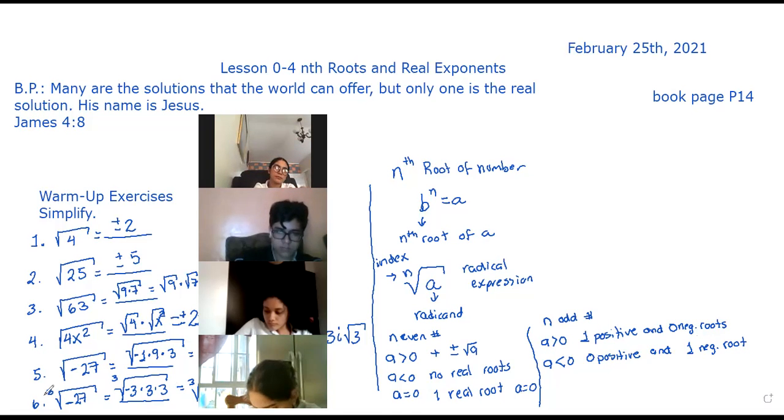Look, the value of n is an odd number, 3. And the value of a is a negative number. That means that it's less than 0. How many roots do you have? Only one, and it's negative. It was -3. And if the value of a is equal to 0, you're going to get just one real root, 0.